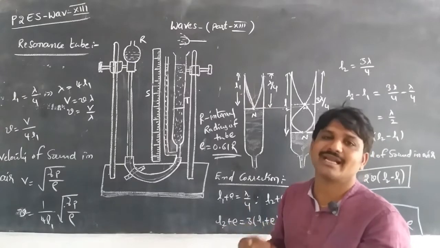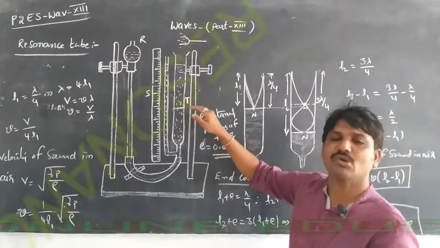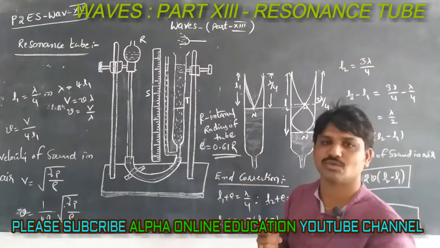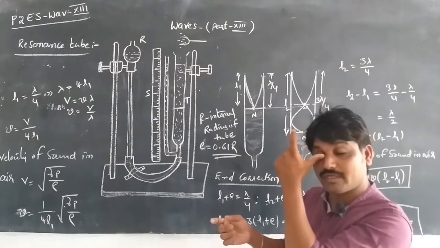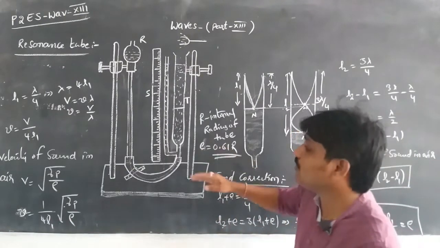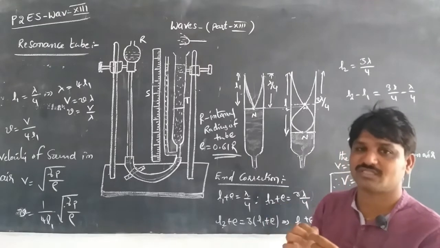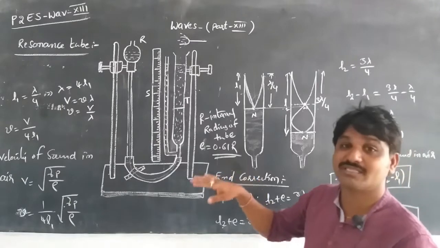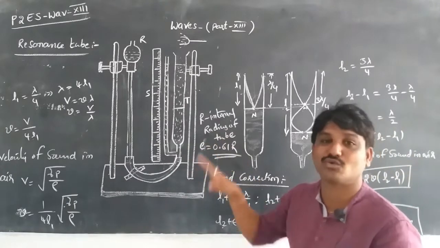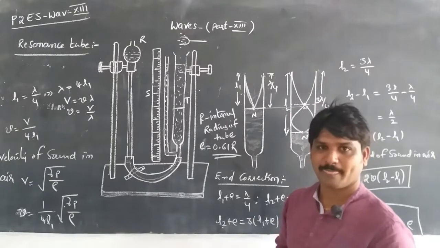At some other level we can get another sound also. To verify that the sound is perfectly at that point, we move 1 or 1.5 centimeter, or 0.5 centimeter, upwards and downwards and check the minimum and maximum sound.